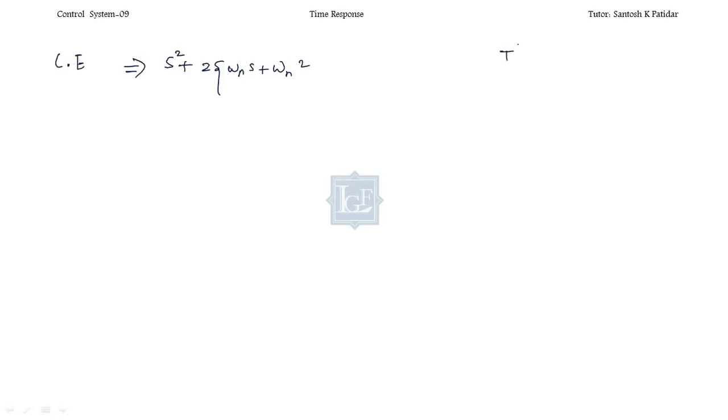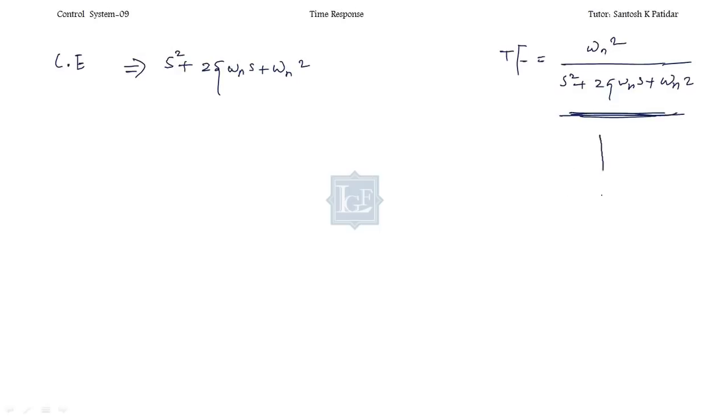And the transfer function of the second order system is given by omega n square divided by s square plus 2 zeta omega n s plus omega n square. The poles of the system are given by this equation only.